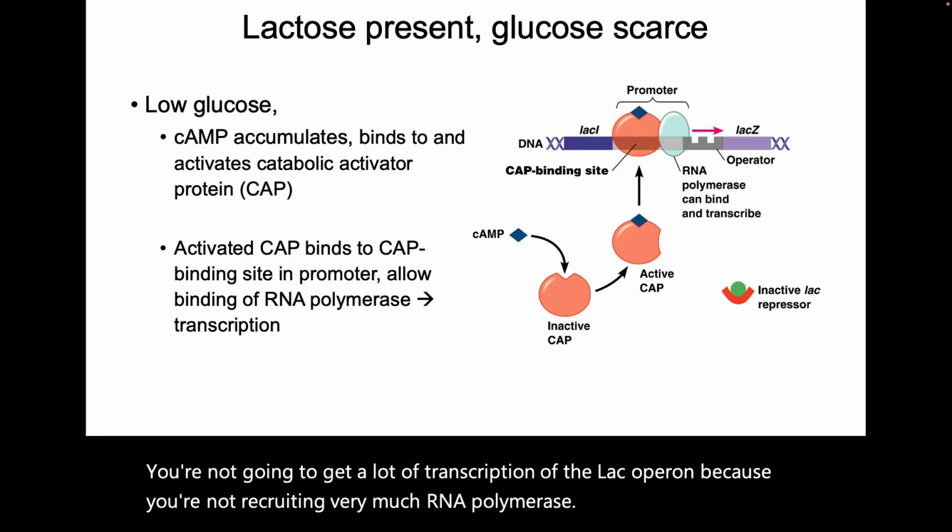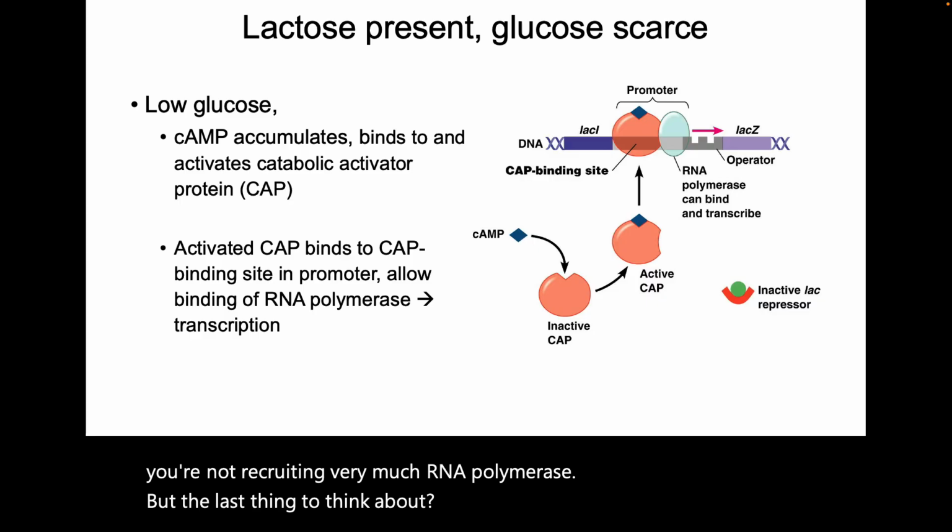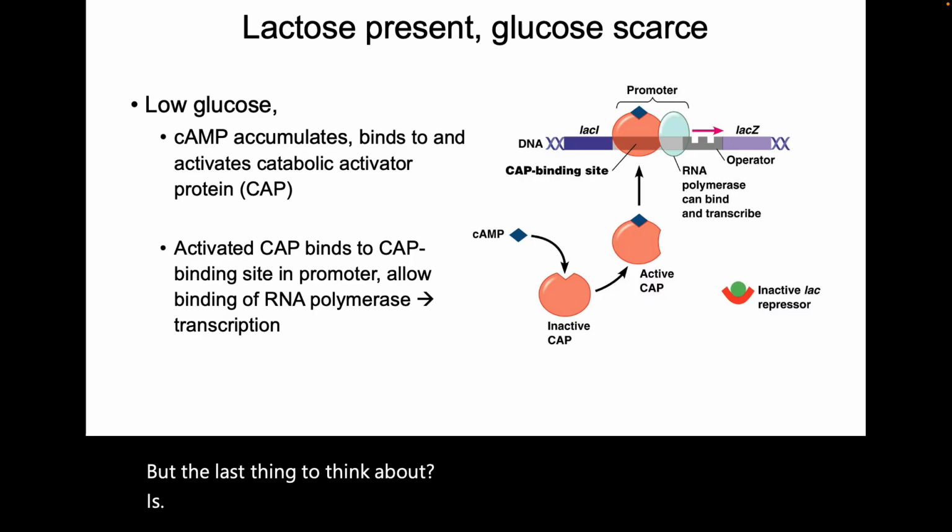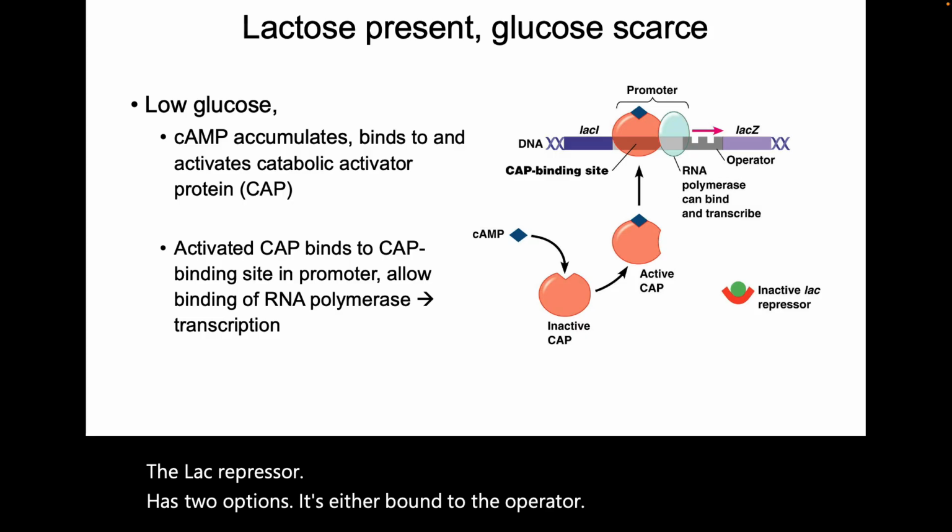But the last thing to think about is the Lac repressor. Oops, I can't spell. Repressor. The Lac repressor has two options. It's either bound to the operator or not bound to the operator. If I have no lactose, the Lac repressor is bound.